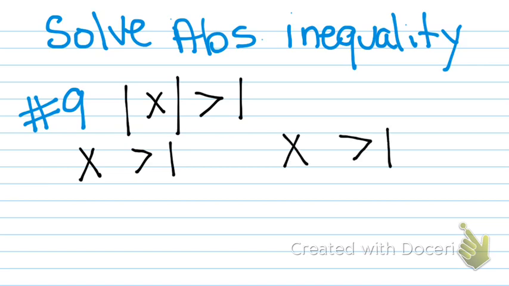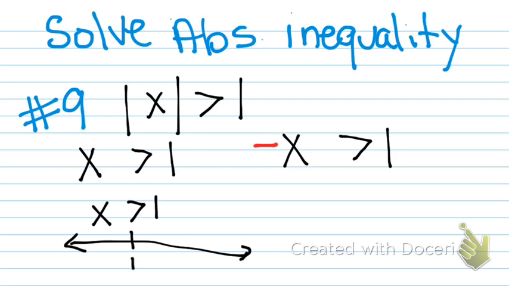And then we stick a negative in front of the left side on one of the inequality. Doesn't matter, just pick one. Then what we do is we solve for x. X in the first equation is already by itself. We know that x greater than 1 is going to be all the numbers to the right of 1.